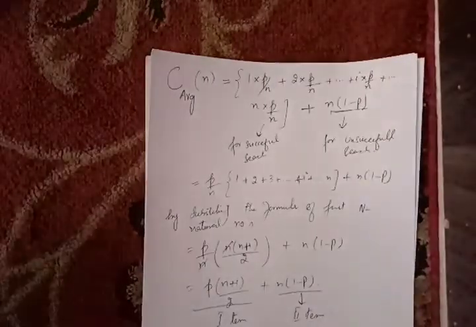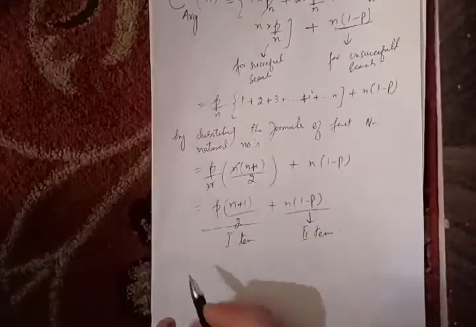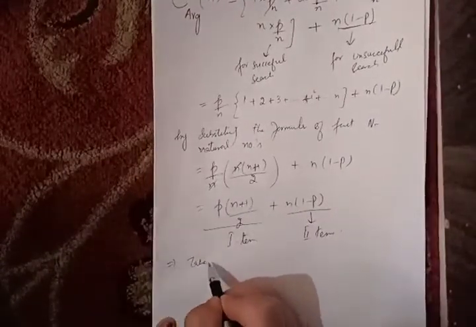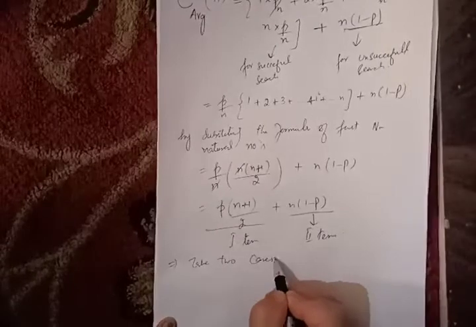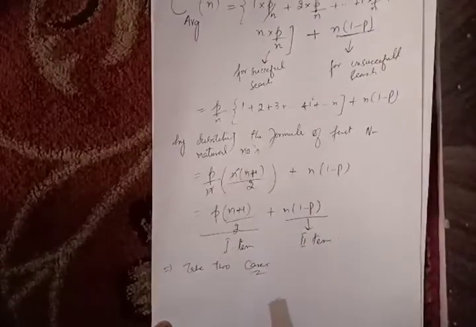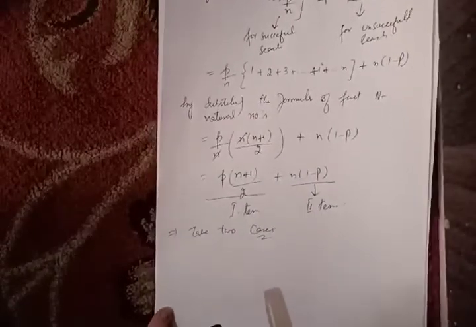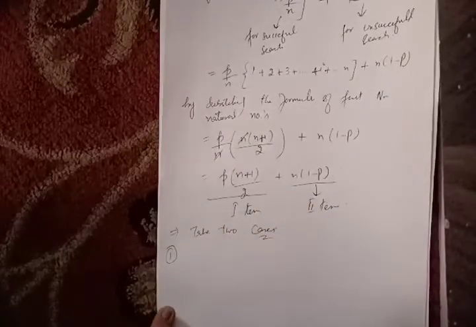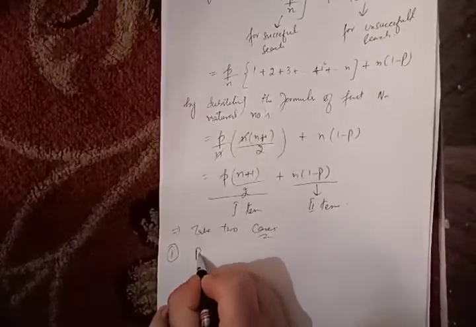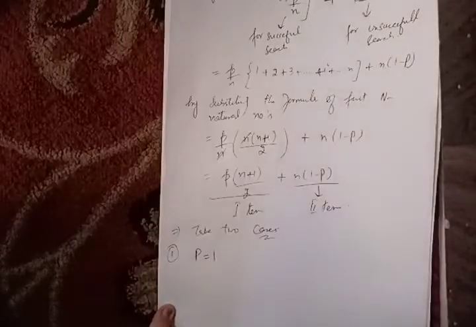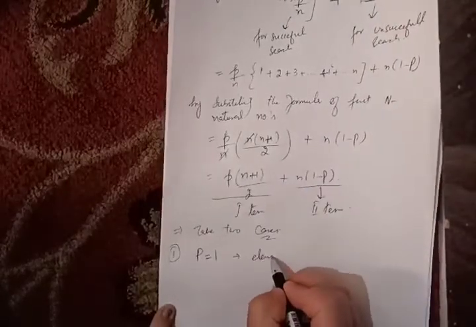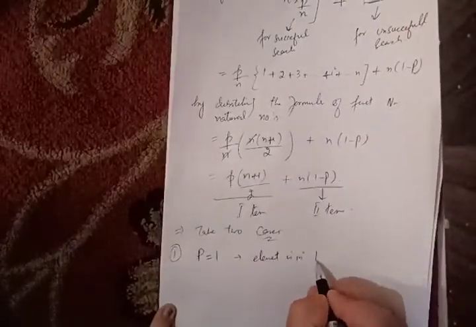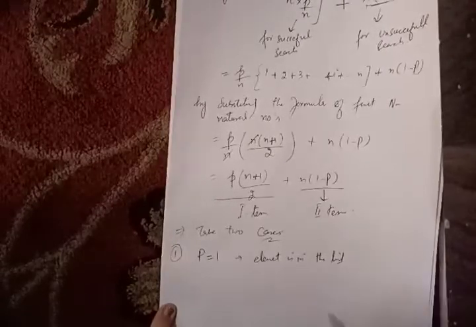Now we will take two cases in order to find the average case of any algorithm. The first case for this particular example will be, say for example, the element which we want to search is present in the list. That means your probability will be equal to 1, which represents that the element is in the list. Now where is that element?